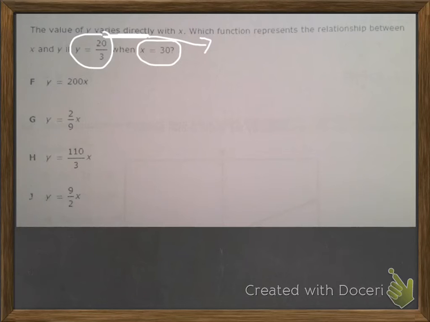So this line is going to go through the origin. Okay, it's going to have a point at the origin, and it's going to be something kind of like that. The x equals 30 and the y equals 20/3. This is just a point somewhere on the graph, somewhere up here.